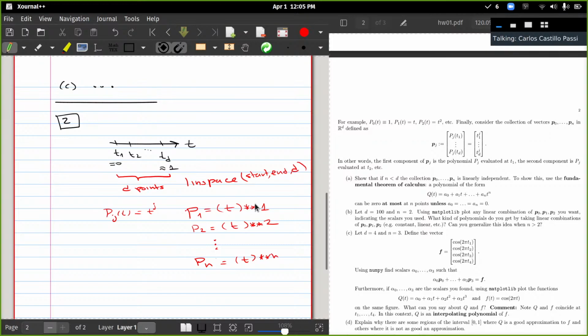If the number of polynomials n is less than d, the collection of these vectors p0 until pn is linearly independent. To show this, use the fundamental theorem of calculus. A polynomial of this form can be 0 at most at n points unless all the coefficients are equal to 0.